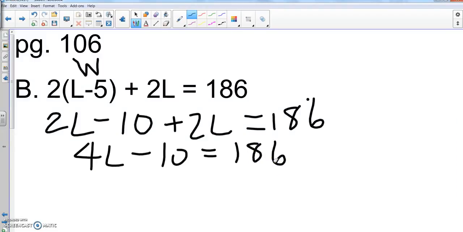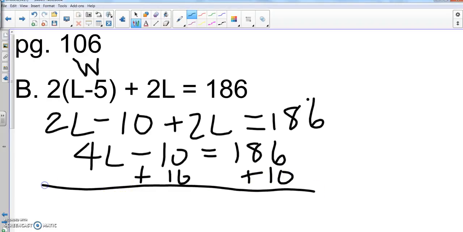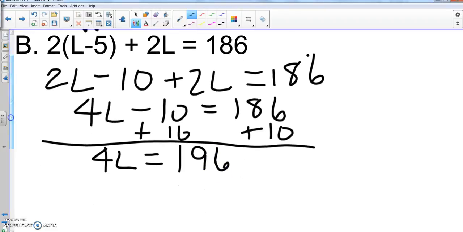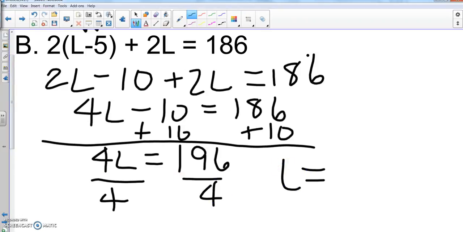Keep solving this. I'm going to add 10, and I'm going to get 4L equals 196. I'm going to divide by 4. I'm going to get the length is equal to 49.